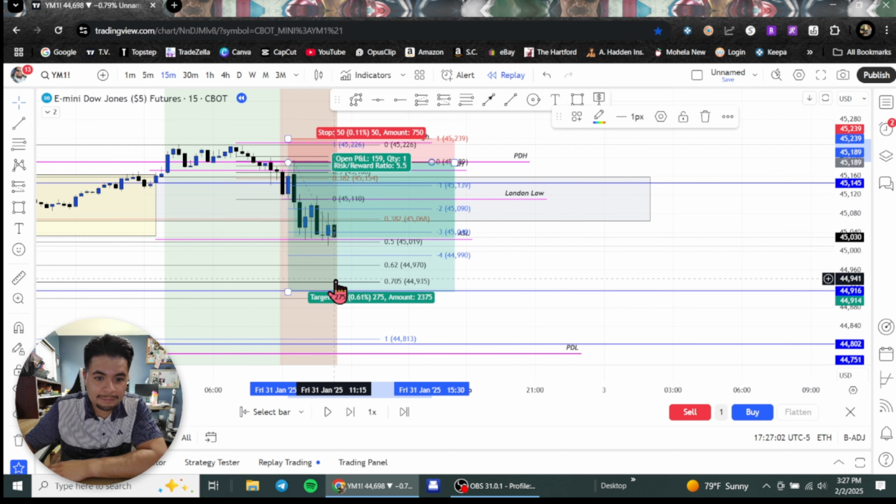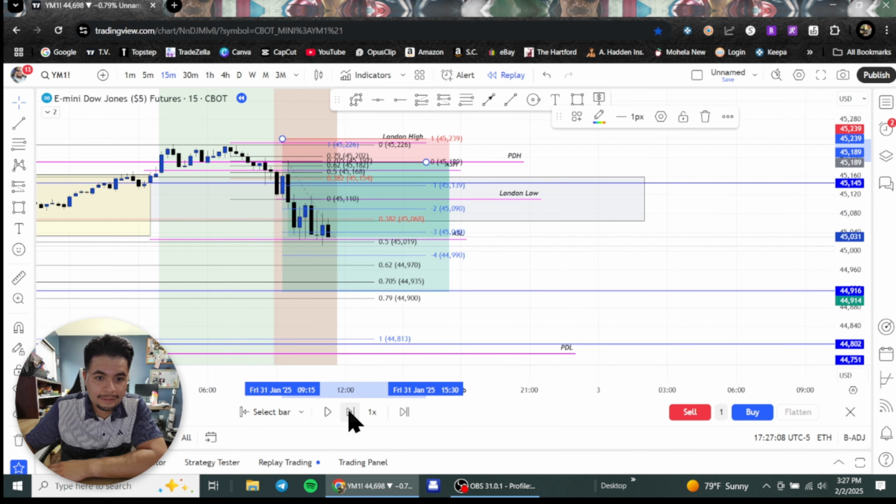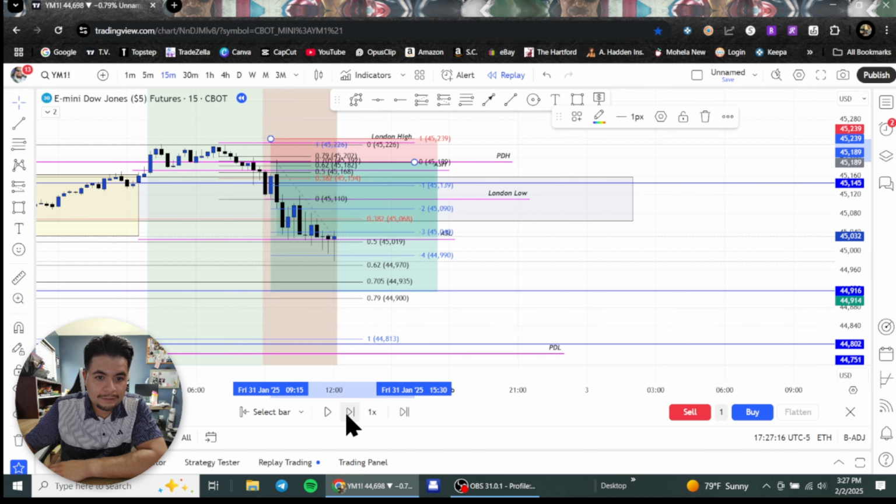Okay, what time is it? Depending on the time, 11:15. I'm not really digging it. TP3 is right there. It hasn't tapped TP4. It tapped TP4, but it started going back up. It's at TP3.